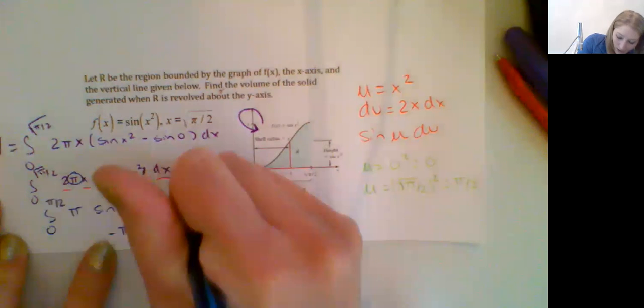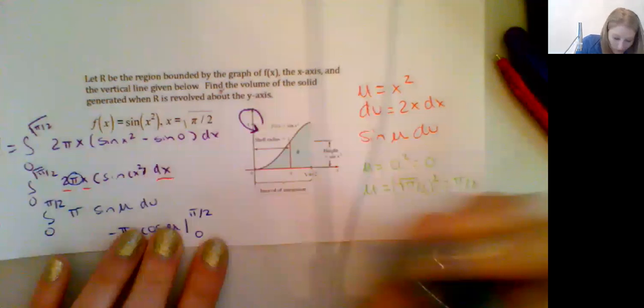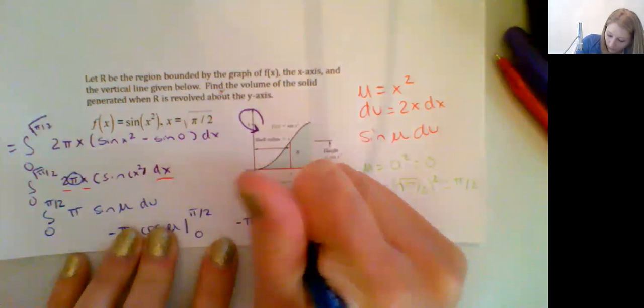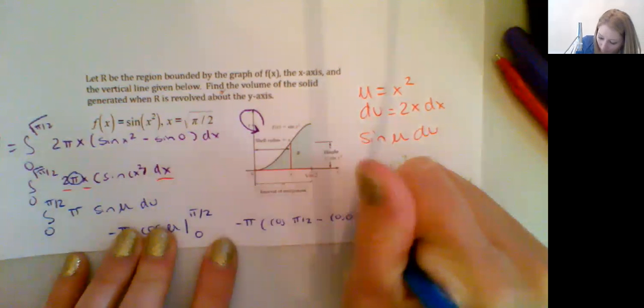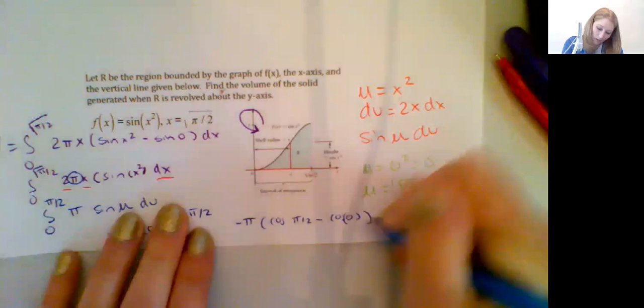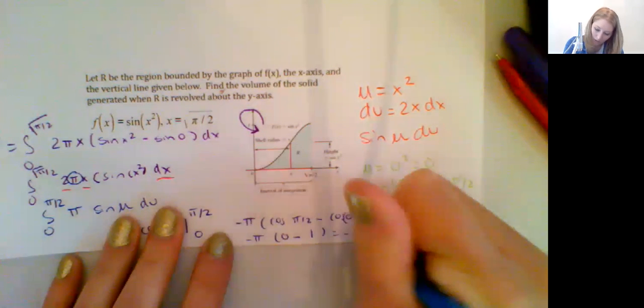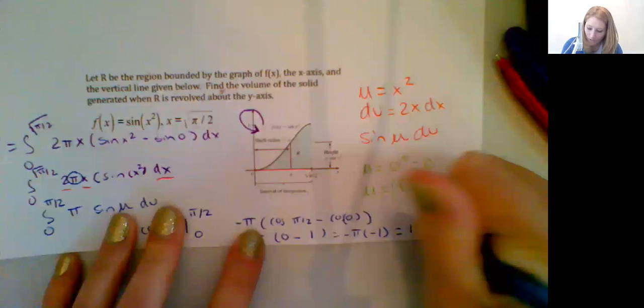And I'm going to plug in pi over 2 and 0. So that's going to give me negative pi times cosine of pi over 2 minus cosine of 0. And I'll get negative pi, 0 minus 1, which is going to give me negative pi times negative 1, which is pi.